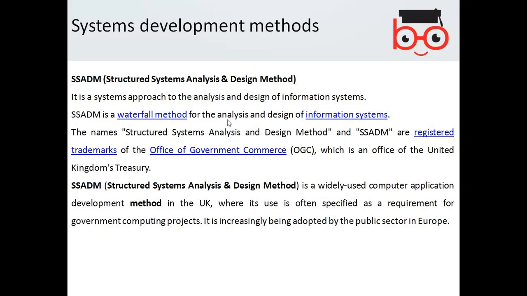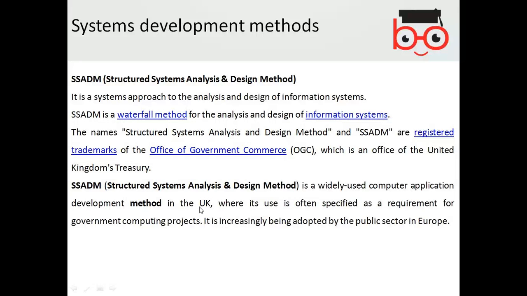But when it comes to the development of information systems, then SSADM is also an approach, likely a waterfall model for analysis and design. It is a method that has been a trademark of the Office of the Government Commerce, the United Kingdom's Treasury Department.